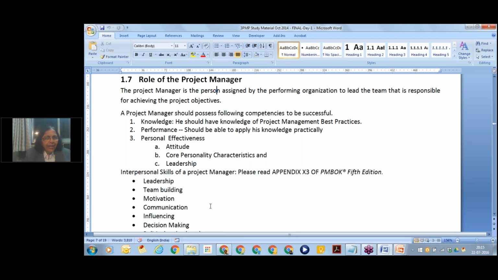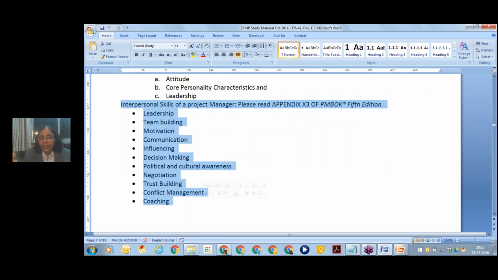Do you remember the appendix X.3? This is about the appendix X.3. It tells you what a project manager should do, what his skill sets should be, interpersonal skills. That is what we are interested in. You get more than 25 questions on these types of skills. So easy questions if you understand these bullet points well. Read that well. You should be able to answer all those 25 questions.